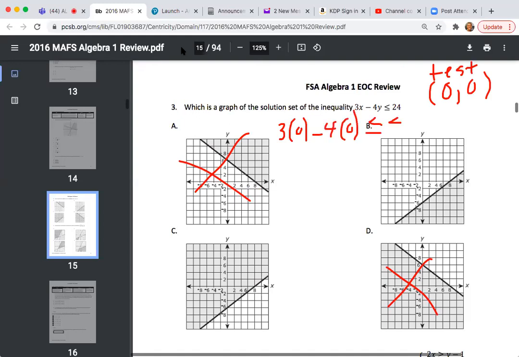When I multiply by 0, I get 0, so all of this cancels out to 0. Is 0 less than 24? Yeah. So since I plugged in 0, 0, it made the problem true. That means the side where the origin is shaded in is the correct answer. So, guys, which letter is the correct answer?